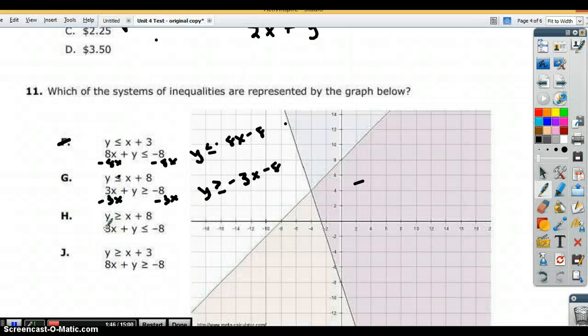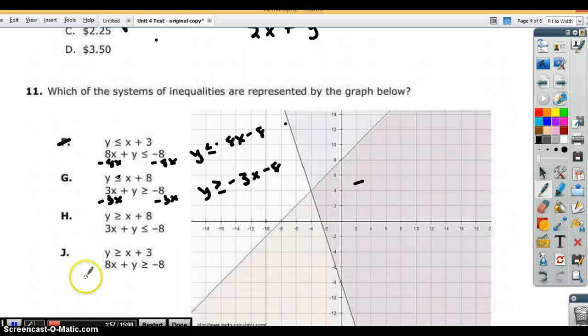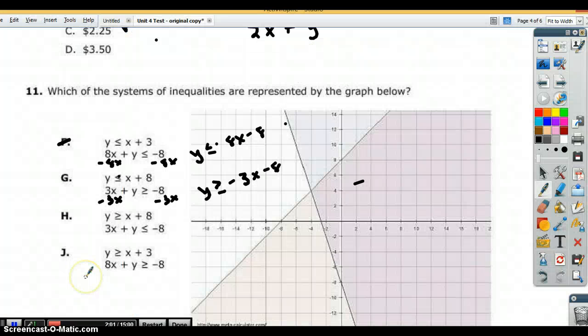Our second one is greater than this time, so that's 5, and it's going to be negative 3x minus 8. So I look at that, and those look really good, so I'm going to say it's G.